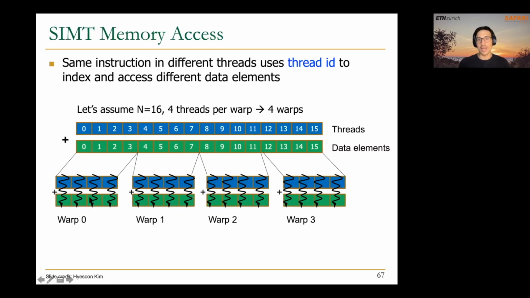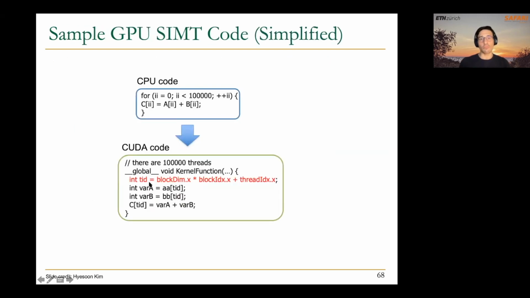But how do we express this in code? As I said, we have to use the thread ID. In our CPU code, we will have only a single for loop like this, with sequential execution of the iterations. In the CUDA code, by the way, the name of the CUDA function is kernel, and it's typically identified by this global qualifier, as we are going to see in the next lecture.